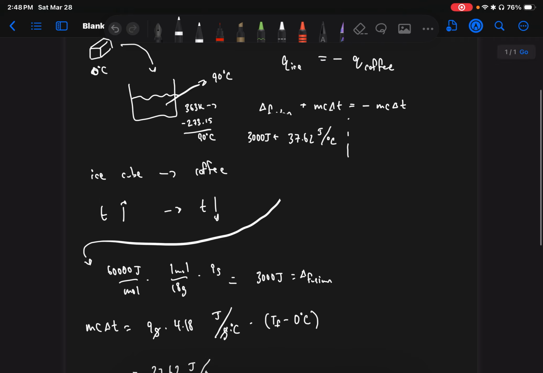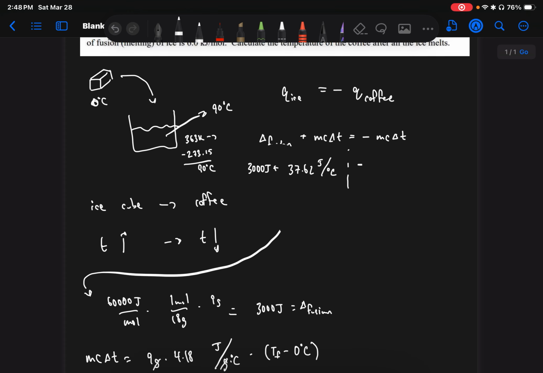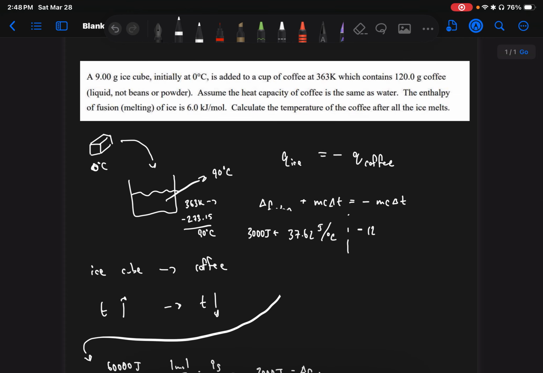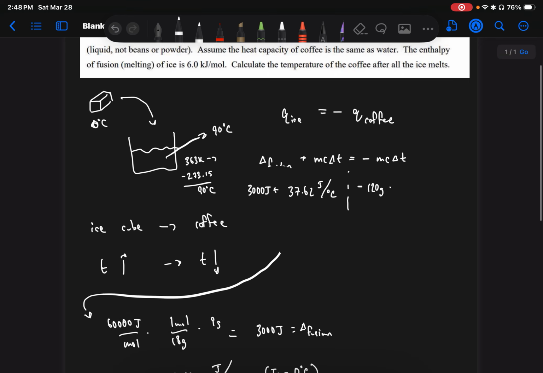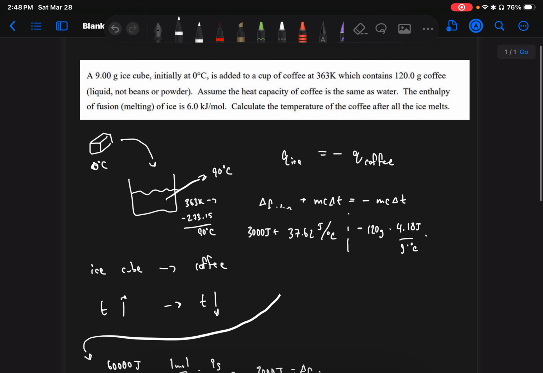Now this part, mass of coffee 120 grams multiplied by 4.18 multiplied by change in temperature, which is initially at 363, so this is going to be TF minus 90 degrees Celsius.